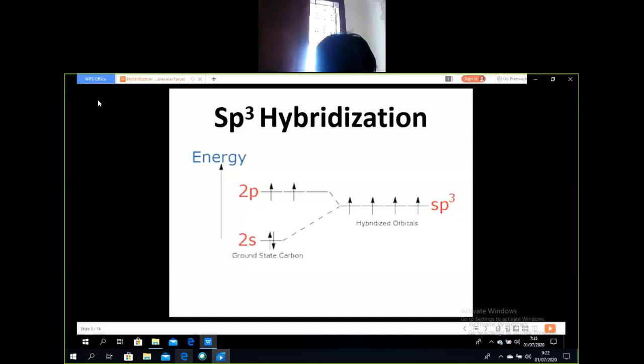Ground state is the standard based on the energy level used for the atomic configuration. The atomic configuration of carbon is 1s2, 2s2, 2p2. There are 6 electrons in carbon, so the outermost shell contains 4 electrons.